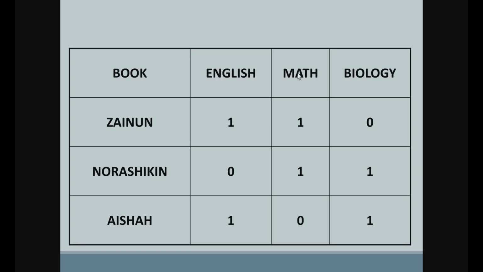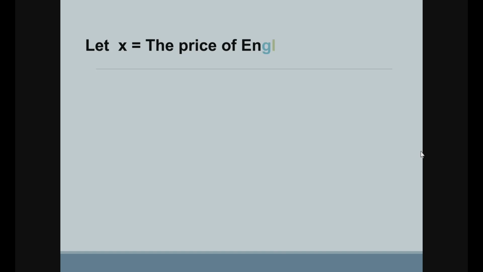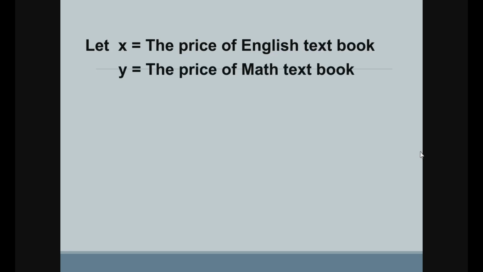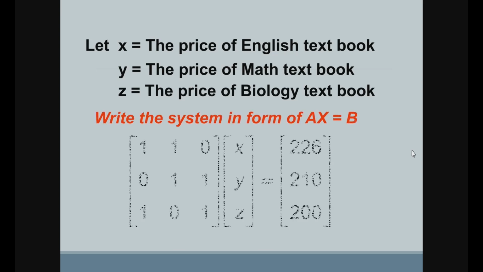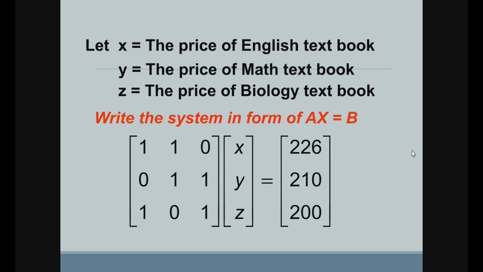A table like this for the books: English, Maths, Biology, and Zainun, Ashikin, and Aisha. Then we let x be the price of the English textbook, y the price of the Math textbook, and z the price of the Biology textbook. We write the system of equations AX equal to B, like this.